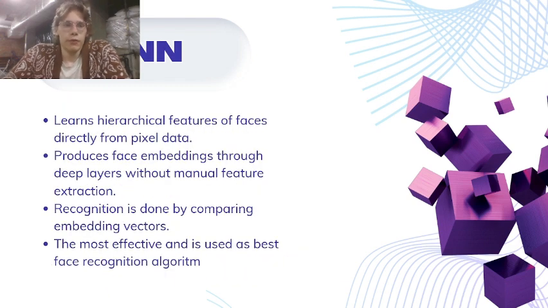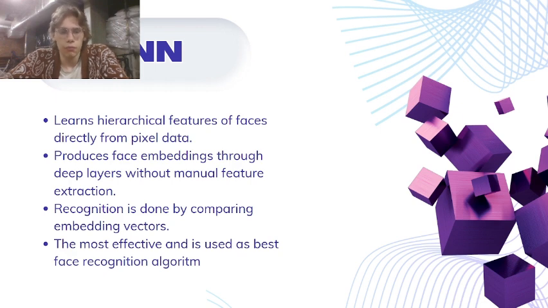CNN is quite different from what we got before because it's a more complex way and it's hard to understand from the linear algebra logic idea. So it learns hierarchical features of faces directly from pixel data, produces face embeddings through deep layers without manual feature extraction.